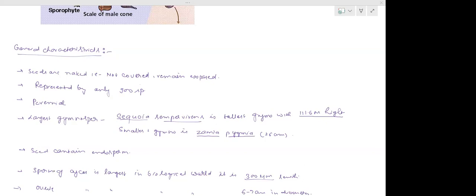Perennial means they live year after year, multiple years, not one or two years. It is the plant which lasts for several years. Annual plants live for only one year.